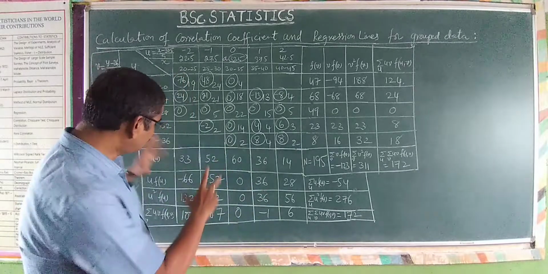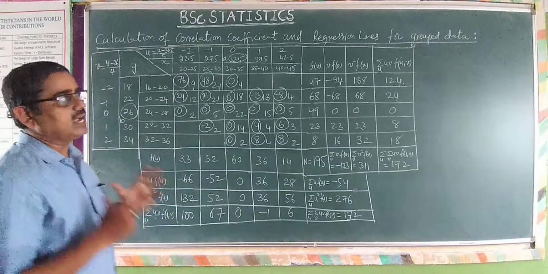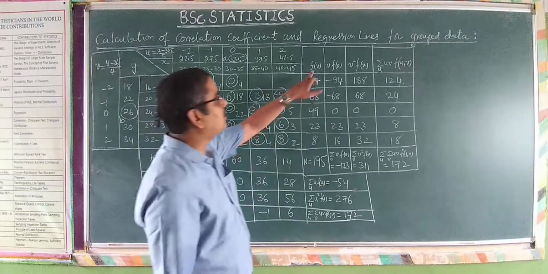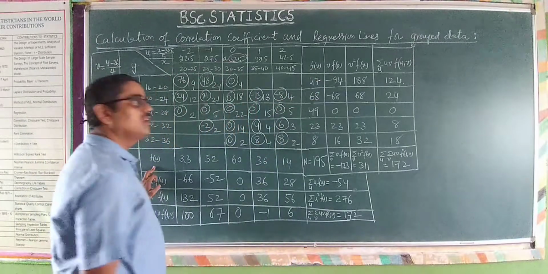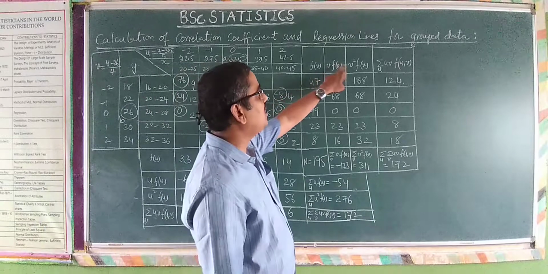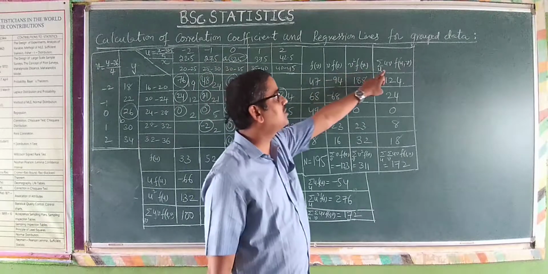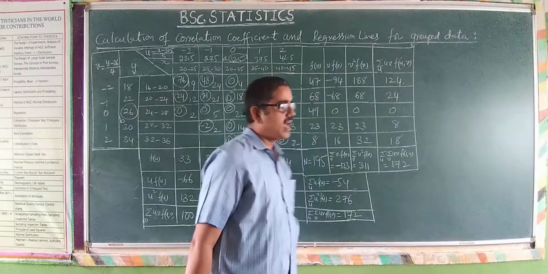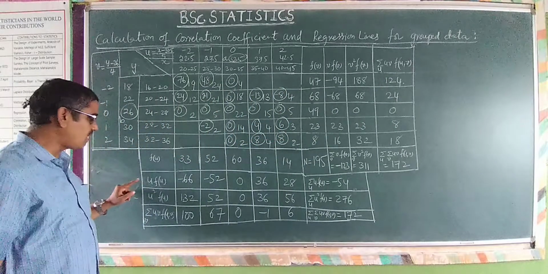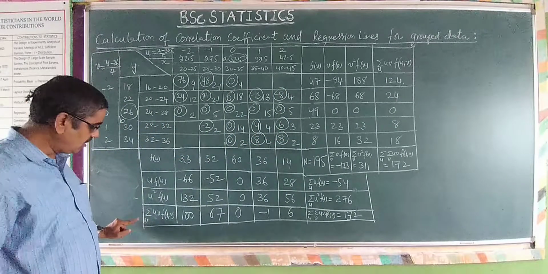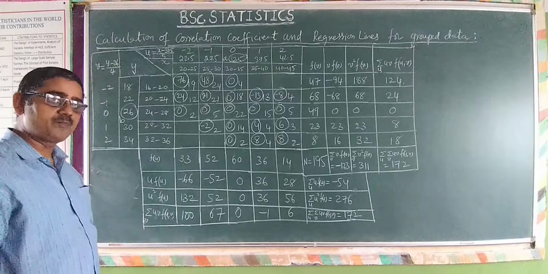At the end, you have to calculate f of u, f of v, then v f of v, v square f of v, and the summation of uv f of uv. And here you calculate u f of u, u square f of u, and the summation with respect to v of uv f of uv.